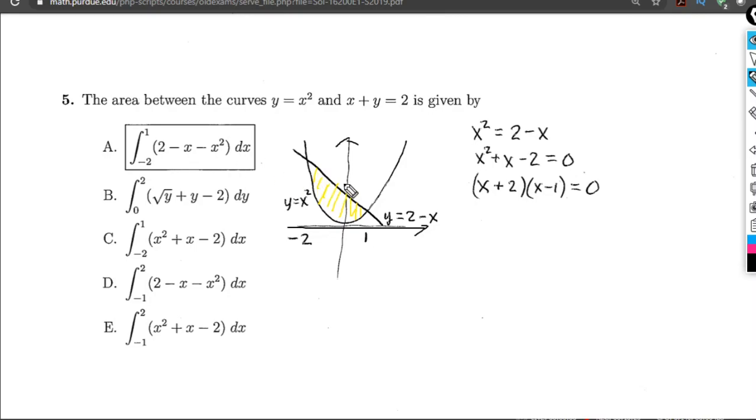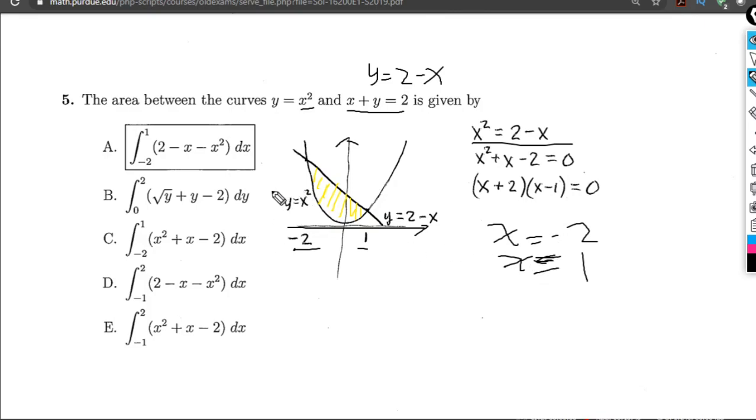So we can put it on top, and then we can find the bounds by setting the two equations equal to each other. You can rearrange this being y equal to 2 minus x, and then you set them together, and then you can get the bounds of x equal to -2 and x equal to 1, as shown here.